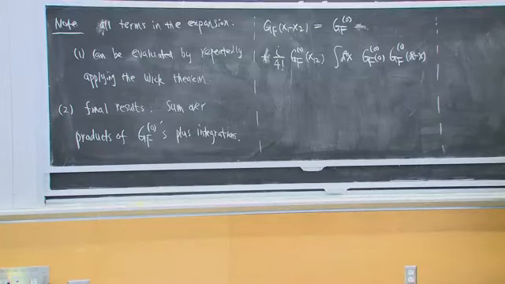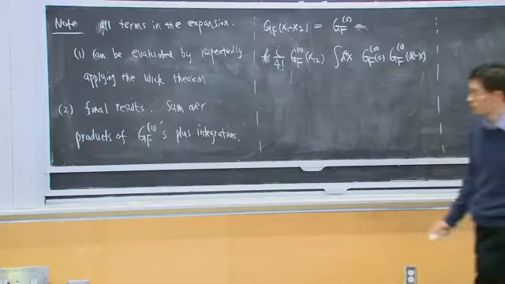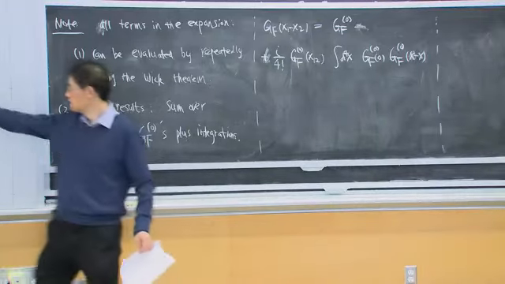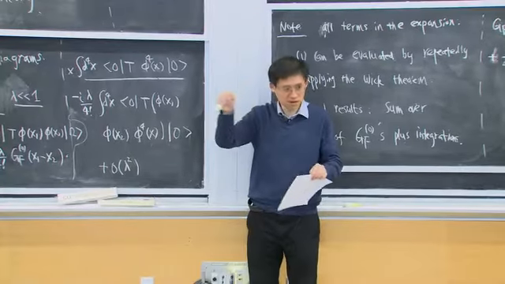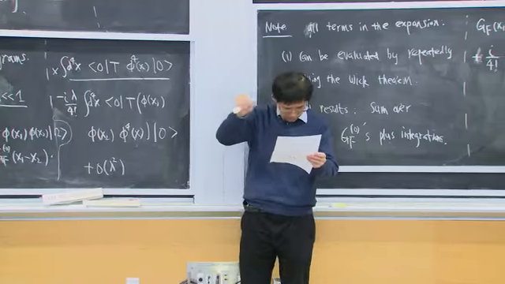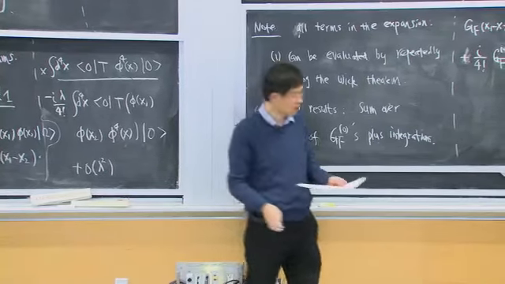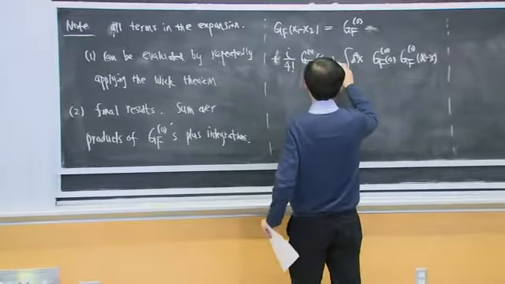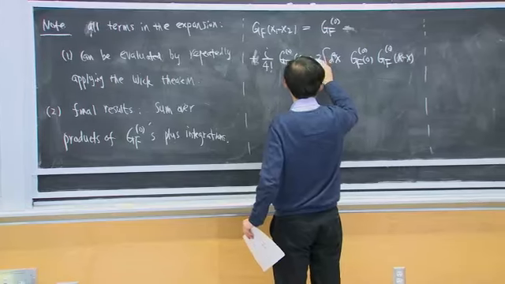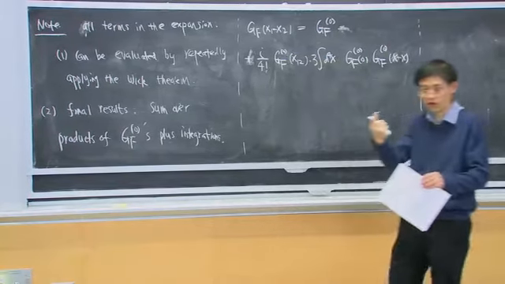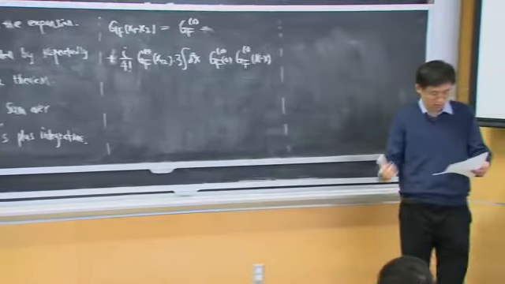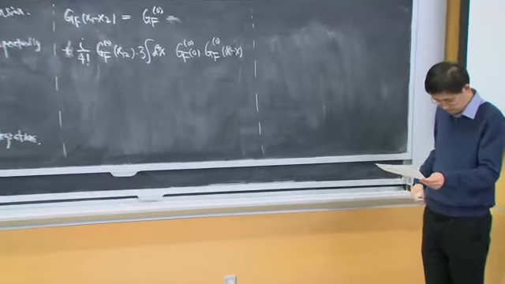But we are actually missing some factors, because we have 4 φ's. When you contract the 4 φ's, there are 3 different ways to group them into 2 groups, so we should have a factor of 3.